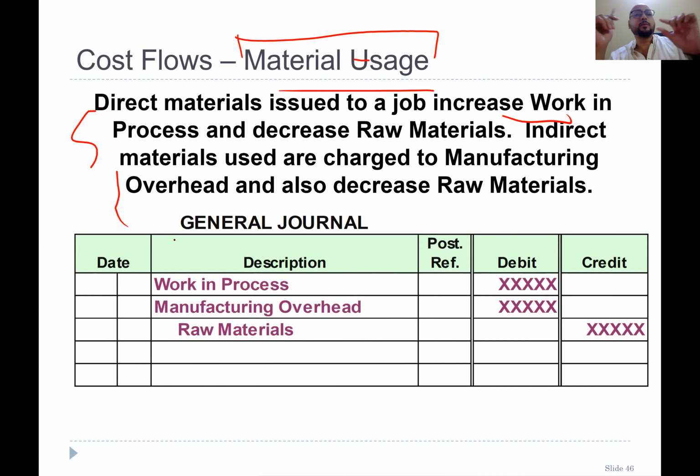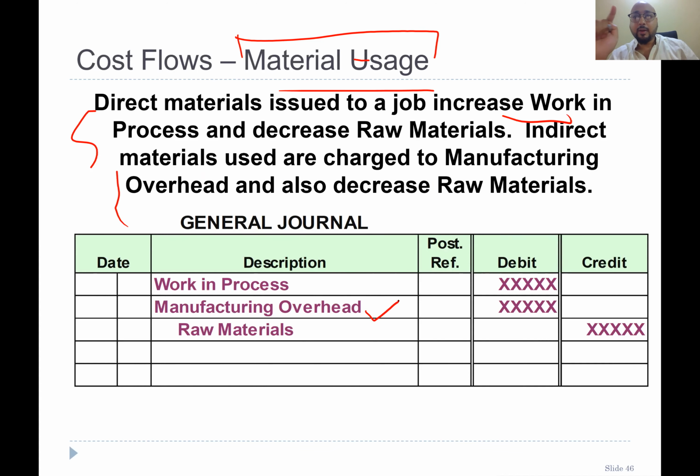So part of raw material is going out to be converted into finished goods, and part of material which we cannot trace directly will go to manufacturing overhead. Manufacturing overhead is our expense. Expense increase, debit, so that's why manufacturing overhead is debited.